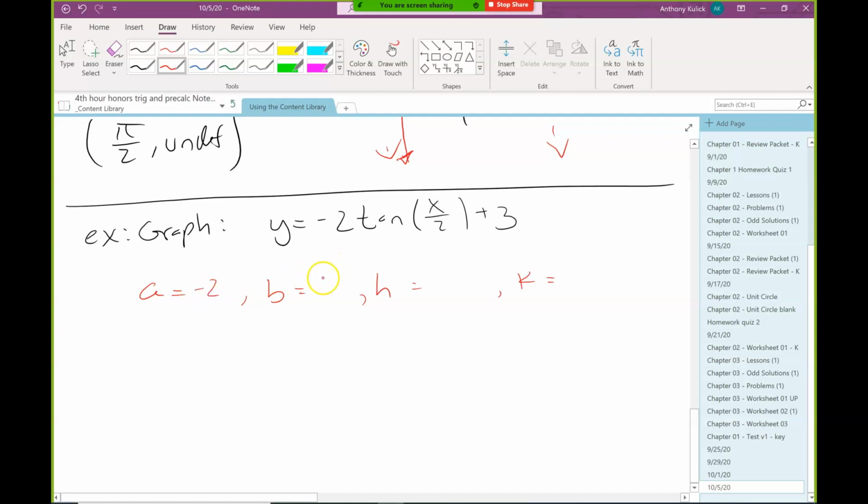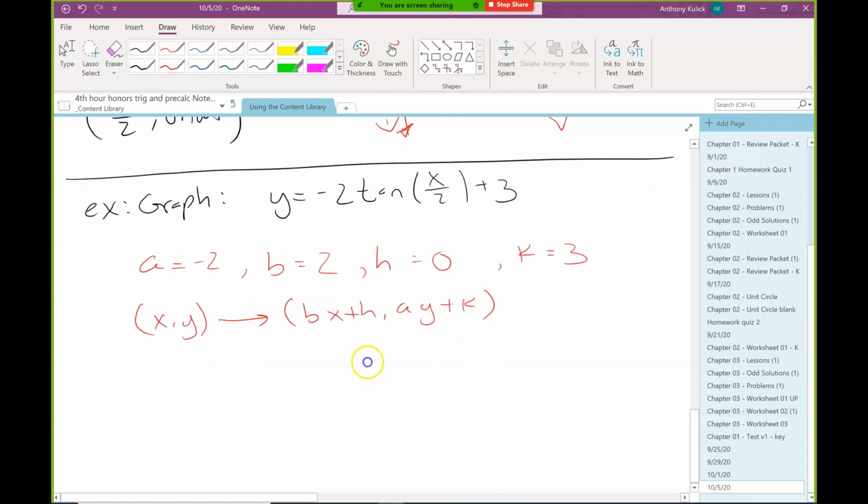The value for B is +2. Very good. For H, 0, and for K, 3. So our transformation map is this, same as it always is.